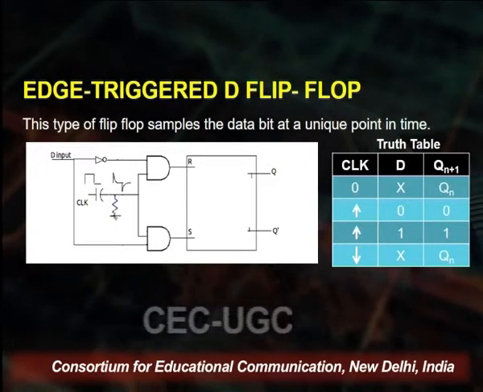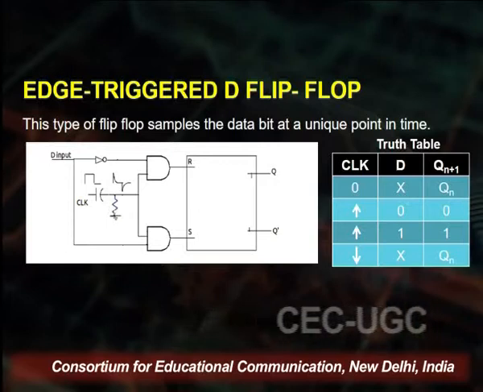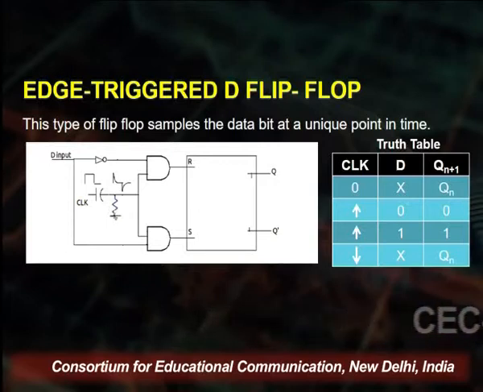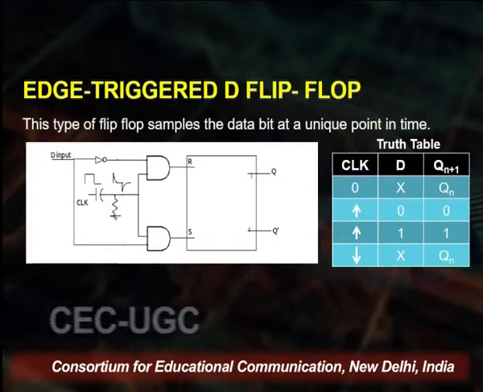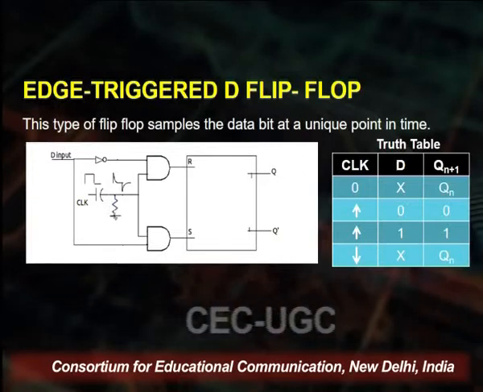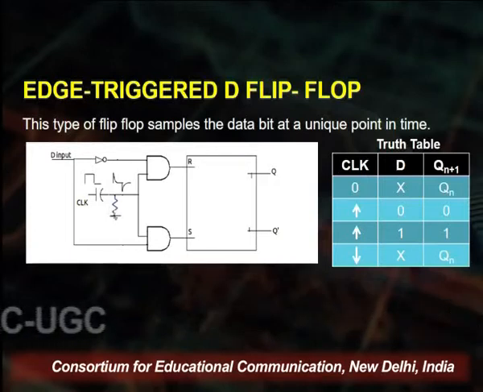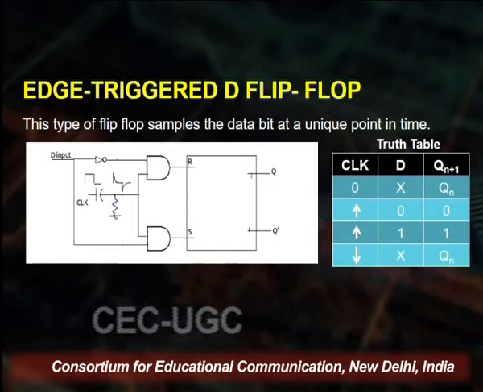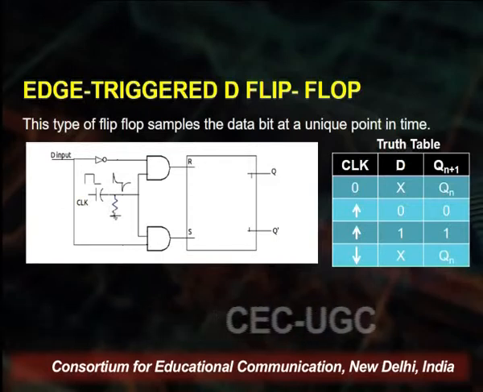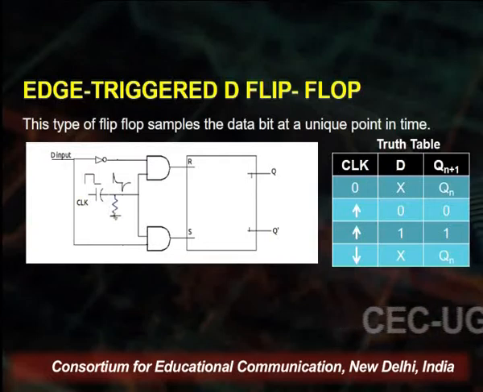Again, with the rising edge of the clock, when D is 1, the next state of the D flip-flop is 1. When the clock is the falling edge, then again, irrespective of the input being given to D, that is again a don't care, we always have the output fixed as the last state.